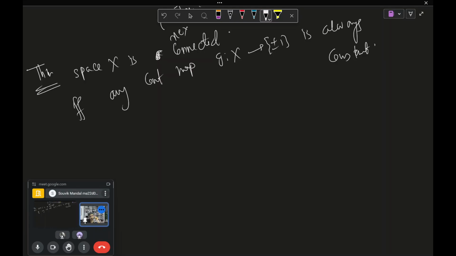So what is the statement? A space is connected if and only if any continuous map g from X to a doubleton set is always constant.